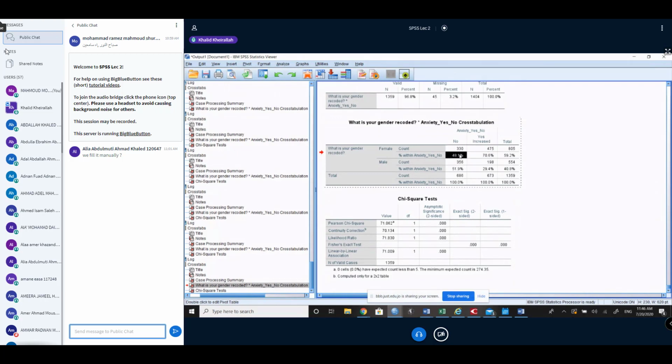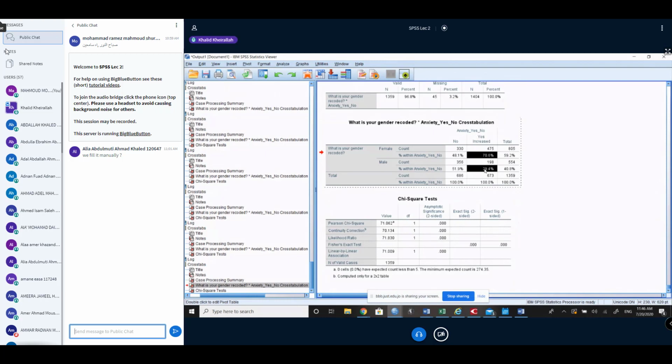The percentages are going to be different because the percentages may be for those with no anxiety. For those who reported to have anxiety, which is 673, you have 70% females and 30% males.